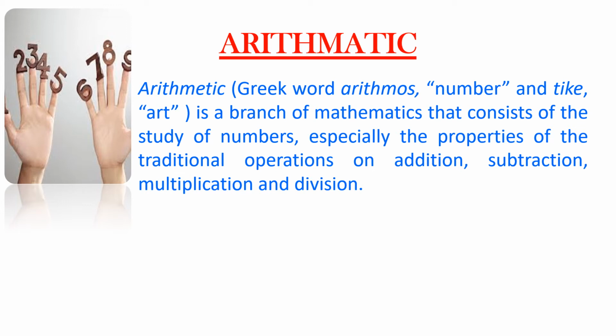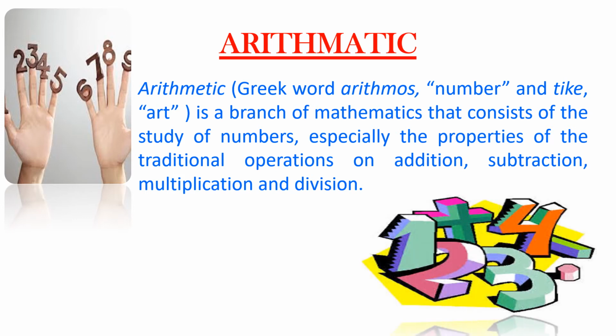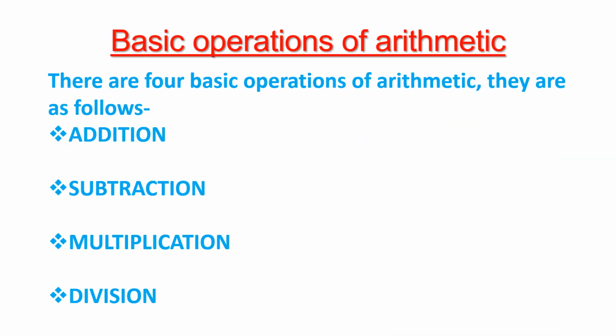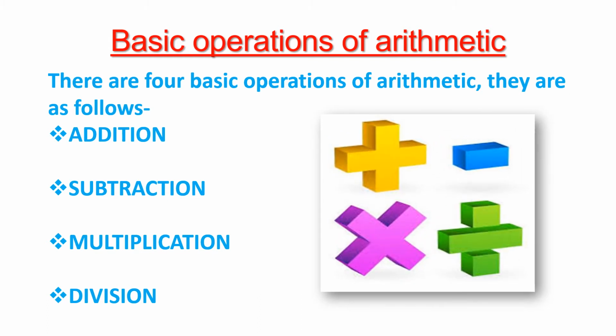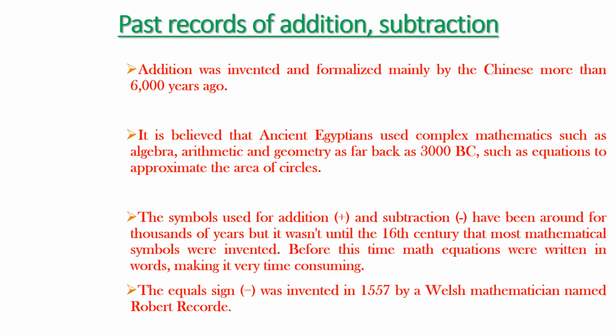So basically arithmetic is a branch of mathematics that consists of the study of numbers, especially the properties of the traditional operations: addition, subtraction, multiplication and division. These are the four basic operations that we will study.